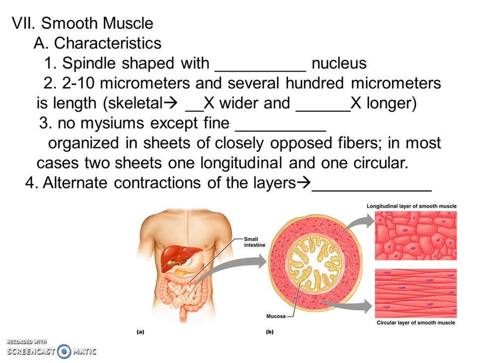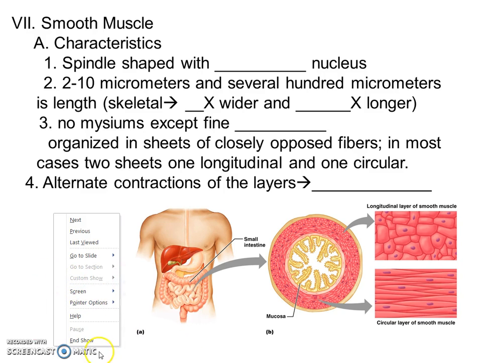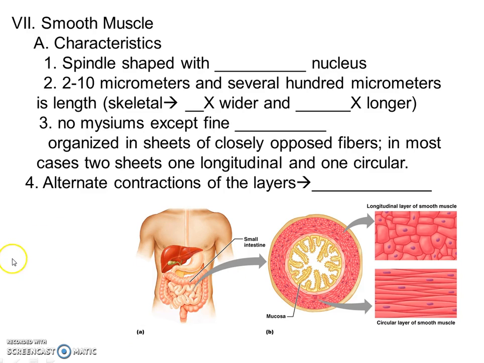Let's very quickly talk about smooth muscle. We'll talk about cardiac muscle in AMP2. Remember that smooth muscle is spindle shaped. Spindle shape, where it's going to be skinny on the end and fat in the middle.